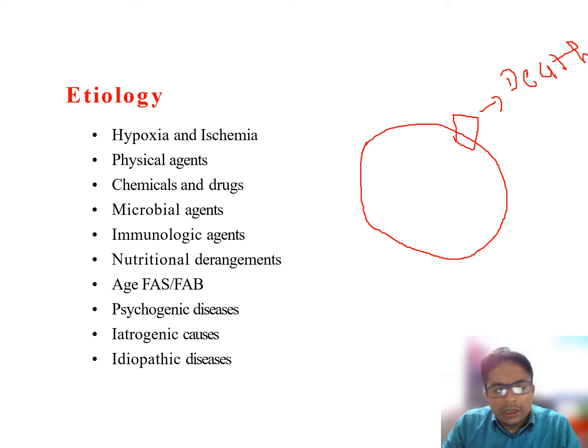Moreover, there are some other factors also responsible, like psychogenic diseases. You can see we generally suffer from mania or depression, which are nothing but psychogenic disorders. Now, if you see the neurons, you can observe that in mania there is an overfiring of glutamate receptors.